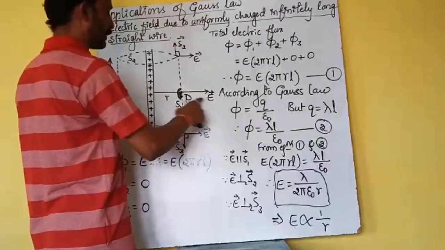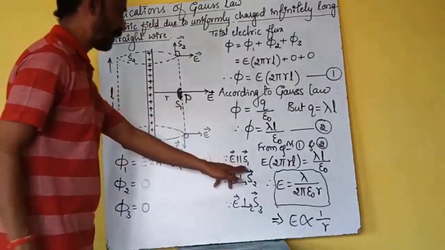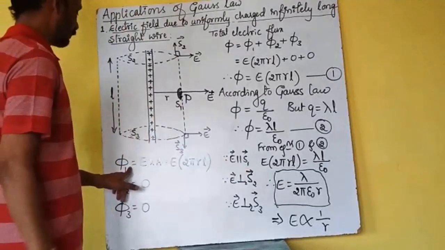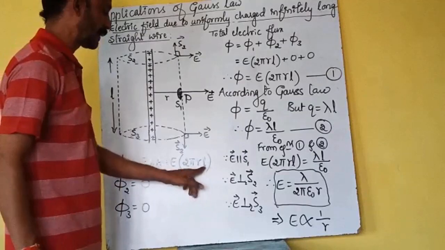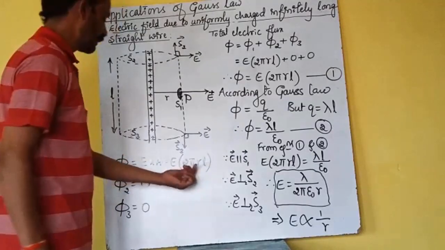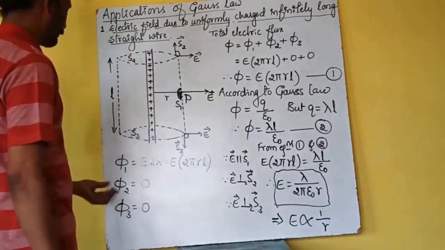The angle between the electric field and area vector S1 is 0 degrees. Therefore, they are parallel to each other. So phi 1 equals E into A, that is E into 2 pi r L, where 2 pi r L is the area of the Gaussian cylinder.